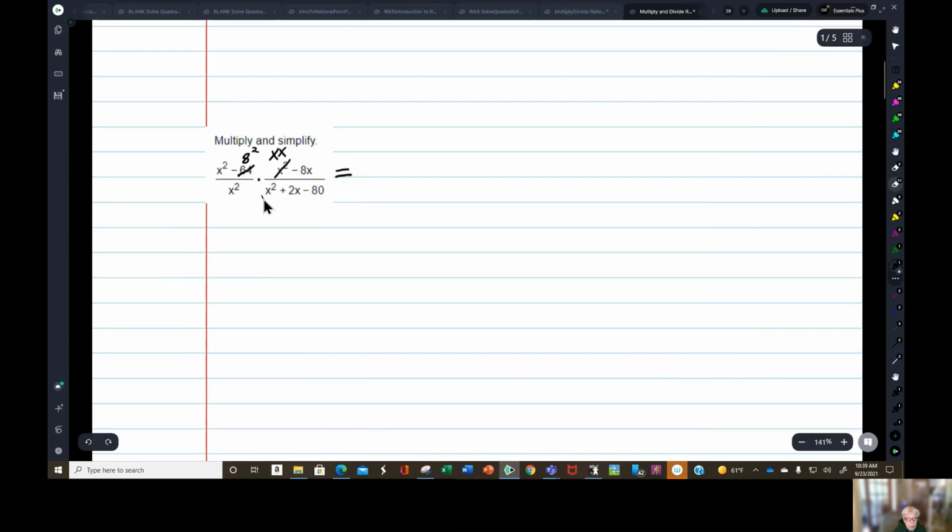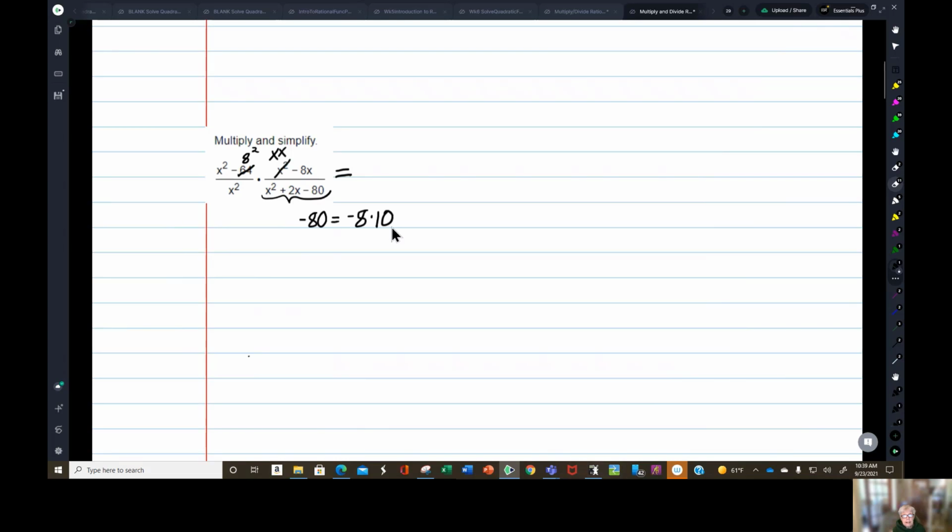Okay, down here we have a quadratic trinomial, and if I can factor negative 80 into factors that add up to positive 2, then I'll be able to factor that as well. And since negative 80 equals negative 8 times positive 10, because I know 80 equals 8 times 10, and if I say 10 minus 8, that's 2.